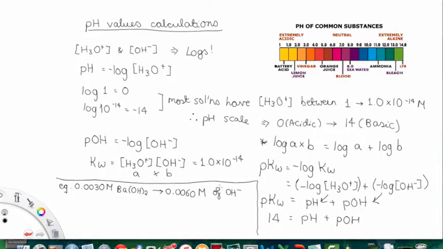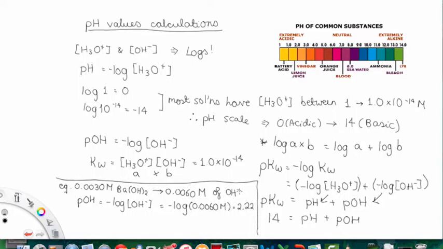So what if someone asked you, what's the pH at which this is occurring? Well, since we're talking about a strong base being dissociated into hydroxide ions, we're going to use pOH. pOH is the negative log of the hydroxide concentration, and that's a value that's given to us. So it's the negative log of 0.0060 molar, and that's a value of 2.22.